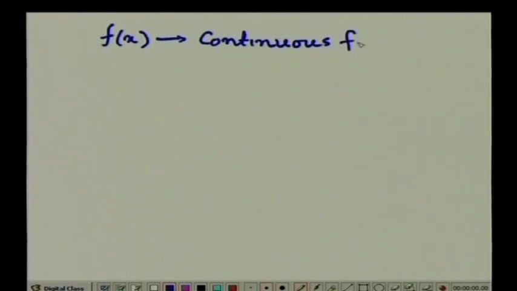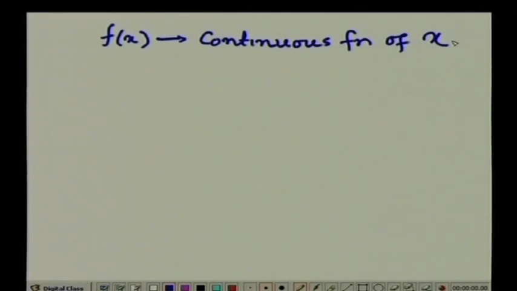As we have seen earlier, we will first talk about the Fourier transformation in the continuous domain. Assume that f(x) is a continuous function of some variable x.